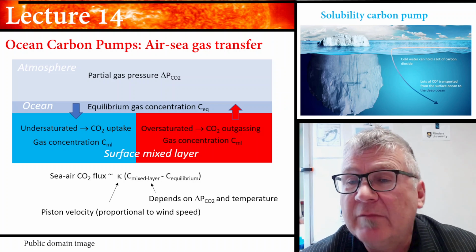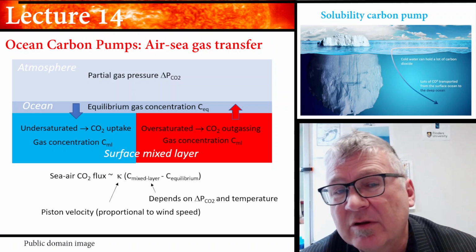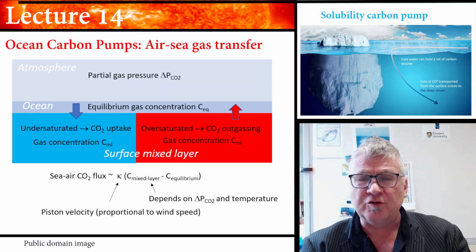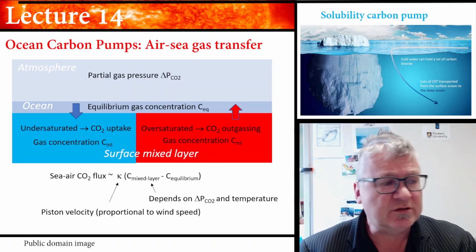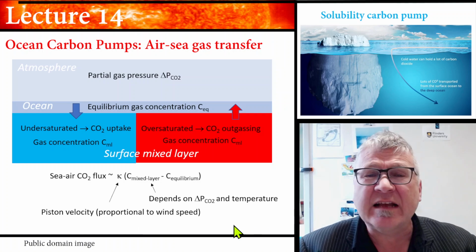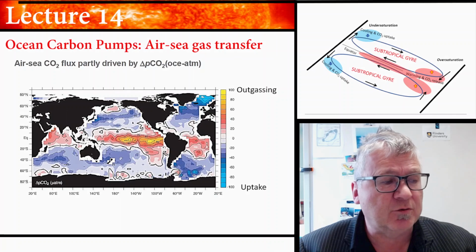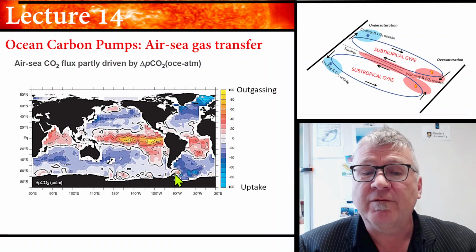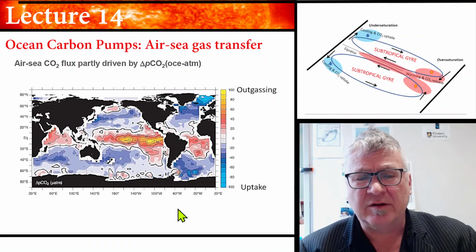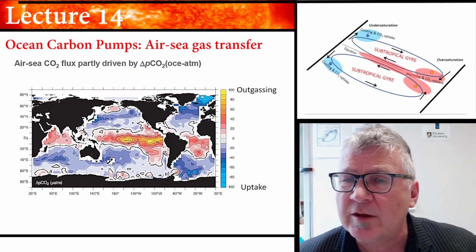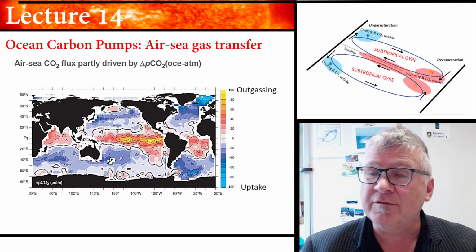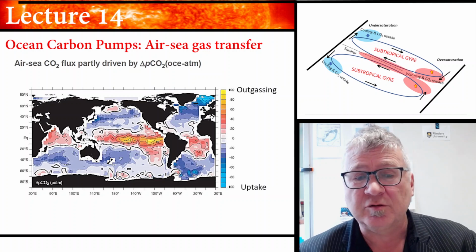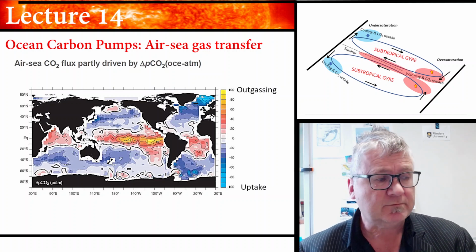Now you might be interested to know, how does the air sea gas transfer look if you look at the distribution of the CO2 transfer. I'll just show you a map. Where do you have regions where you have an uptake of CO2, and where do you have an outgassing of CO2 from the oceans?